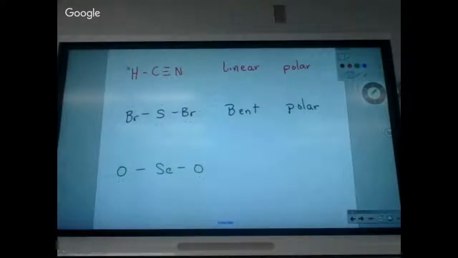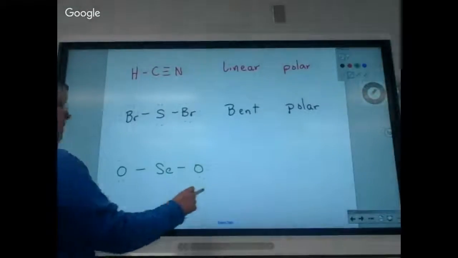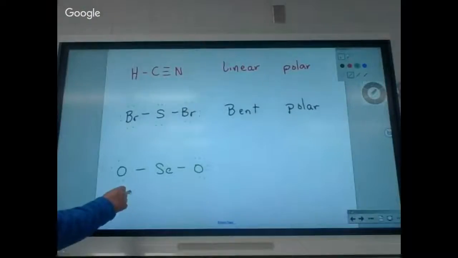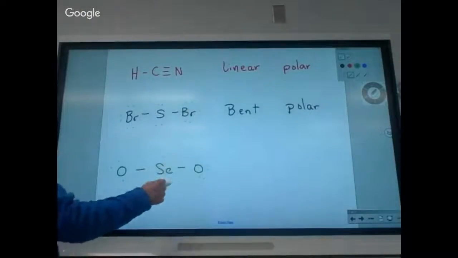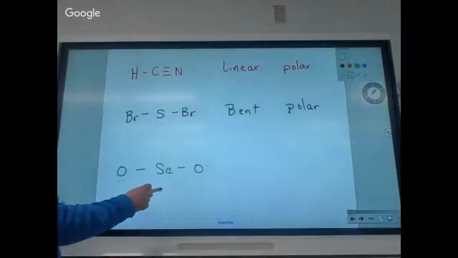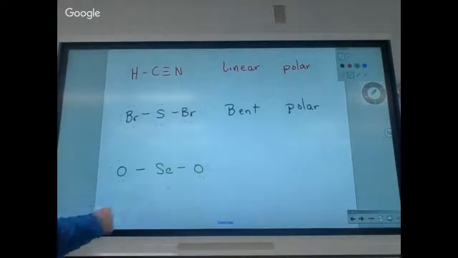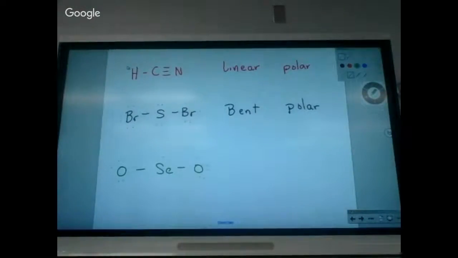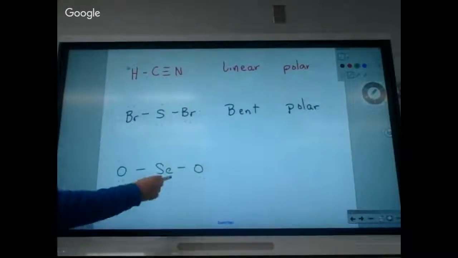So, when you look at this, you need to learn to count. How many electrons are on O? How many are on Se? As soon as you say there's 6 in your head, you're not done. It has to have how many? 8, because the only 2 exceptions are hydrogen and boron. Okay? So you've got to share with this guy.